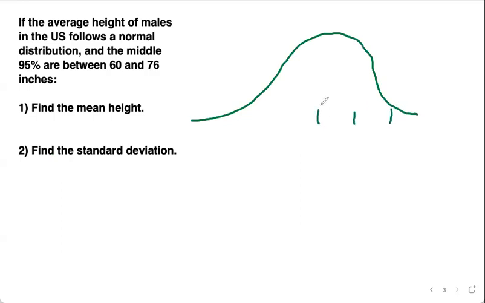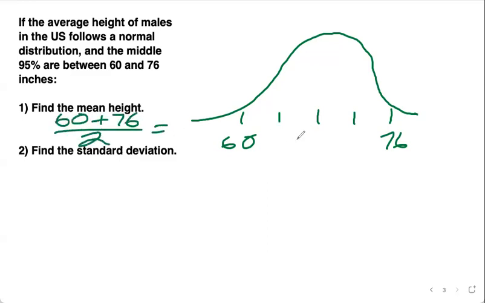We're going 2 above and 2 below to get 60 to 76. The mean's going to be in the middle. To find the middle, you just add and divide by 2. So 60 plus 76 divided by 2 gives 68 inches as the mean.